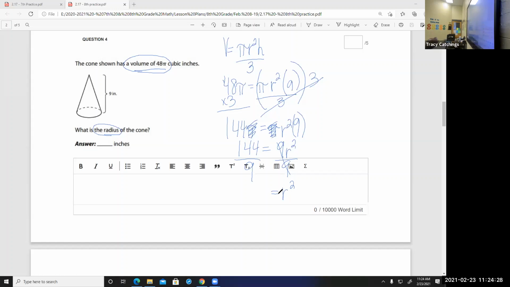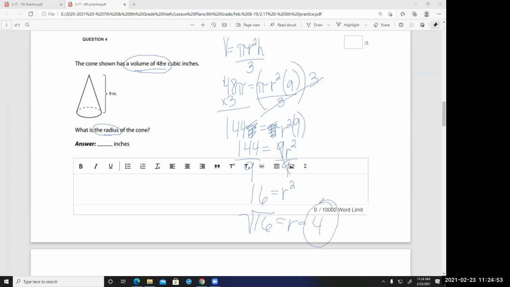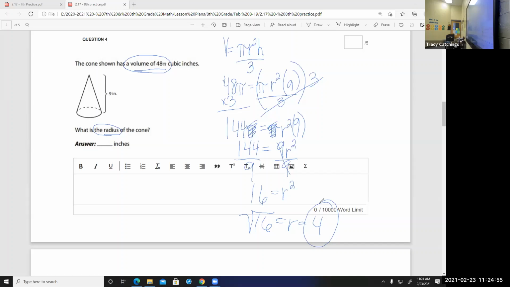Now what do we need to do? Divide by 9. R squared, how do we want to undo that squared? Square root. And so what's the square root of 16? 4. I mean, the radius will be 4.